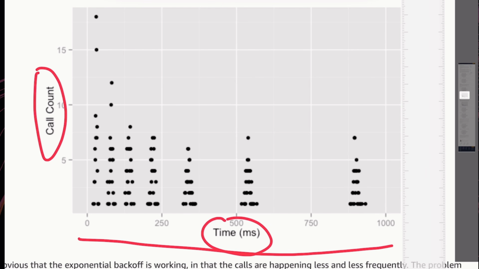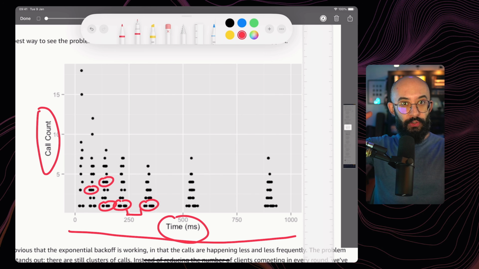Now, what you will observe is that there is a clustering of calls that are being made. So you would observe a cluster right here, right here, right here, right here, and yes, there is a delay between these, but there is a clustering of calls, which means that the exponential backoff is aiming to reduce the amount of calls that come together towards the service.